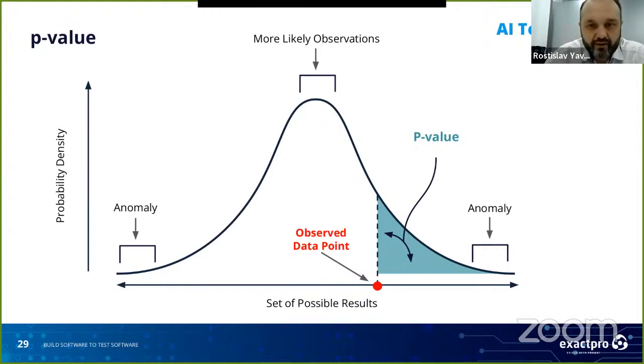But okay, so p-value is exactly the technique to measure how far your observed data point is from the more likely observations. The idea is that p-value is the area below this curve, above this value.